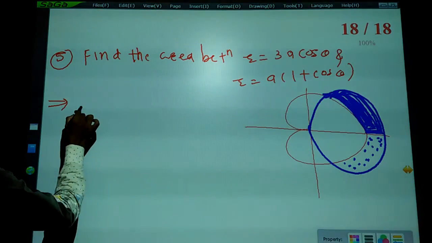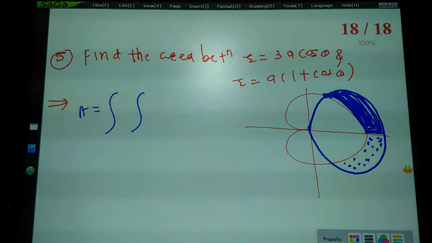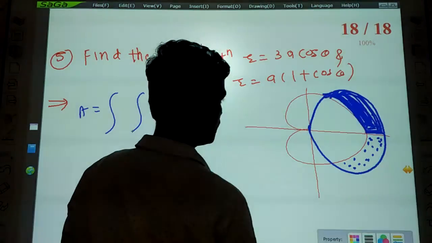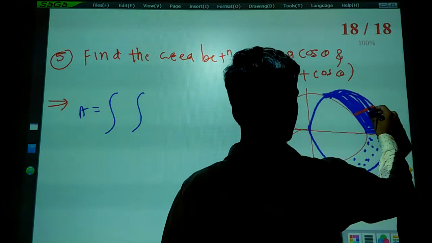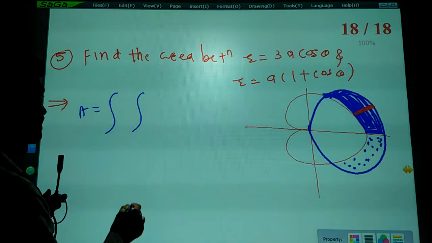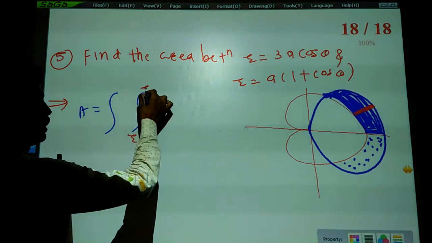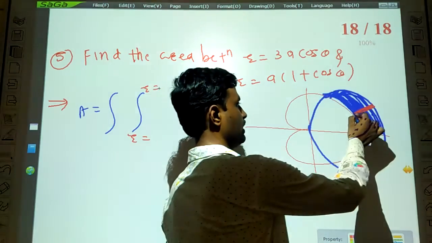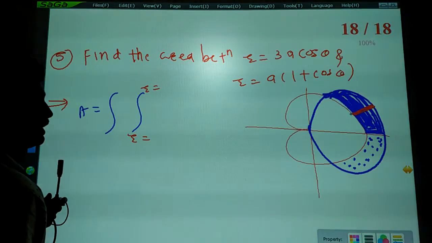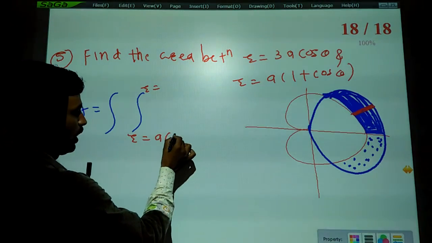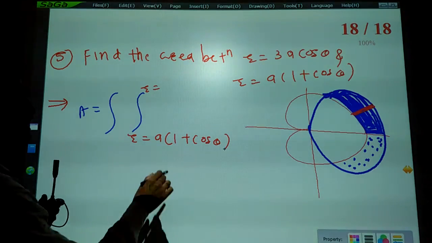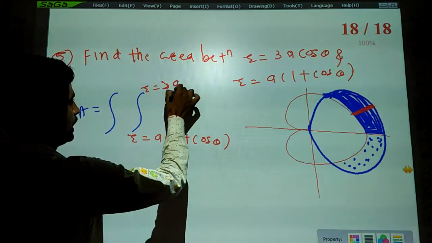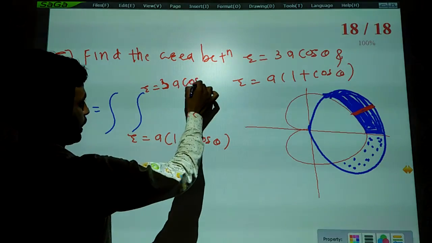So here area A is equal to double integration. Okay, see here, if there is a strip like this, then tell me what is r? r has its lower end on the cardioid, that is r is equal to a(1 plus cos theta), and the other end on r is equal to 3a cos theta.